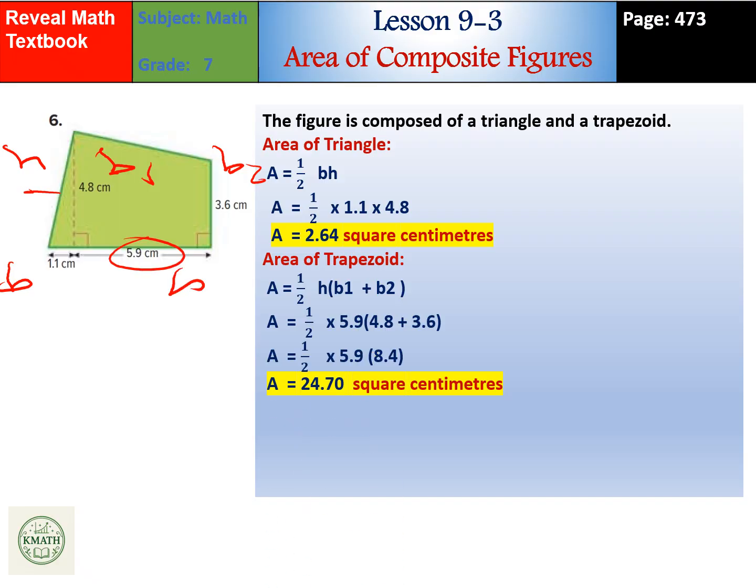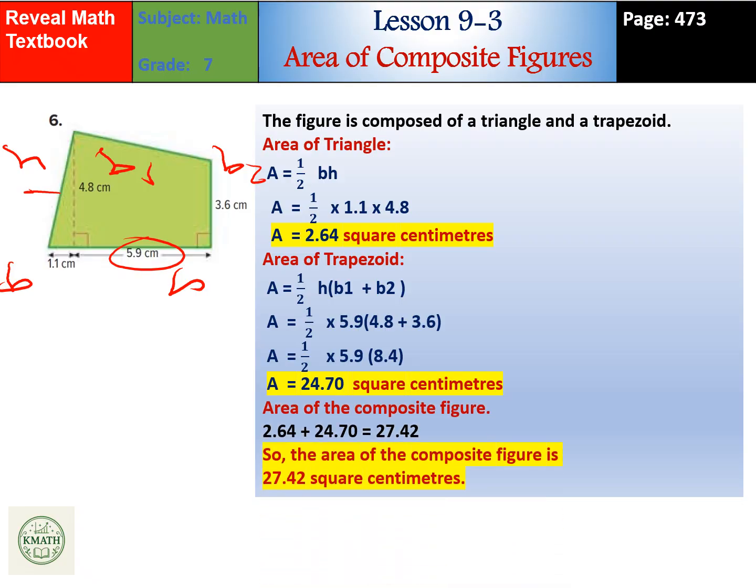Replace the values and simplify, it will give you 24.70 square centimeters. Then add both of them, the total area of the composite figure is 27.42 square centimeters.